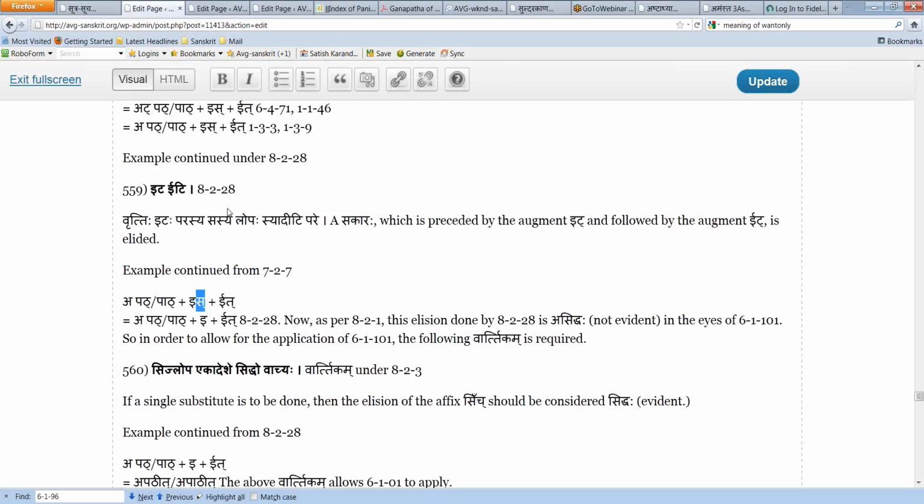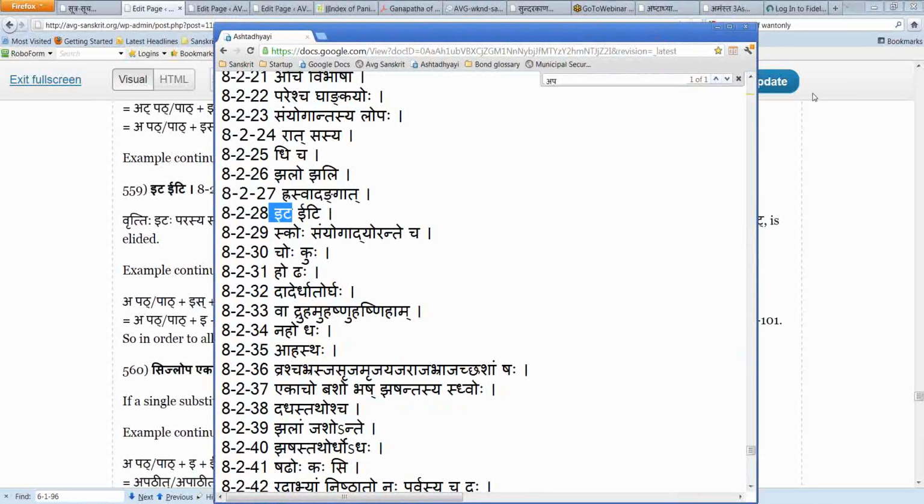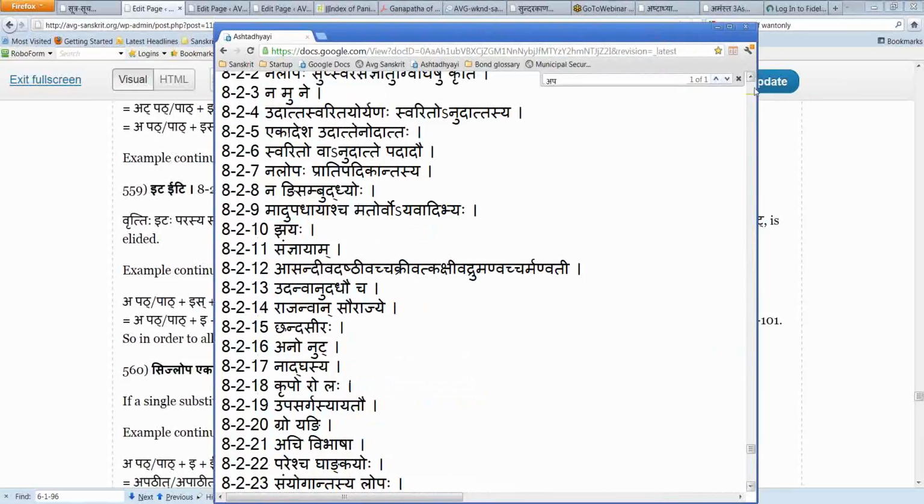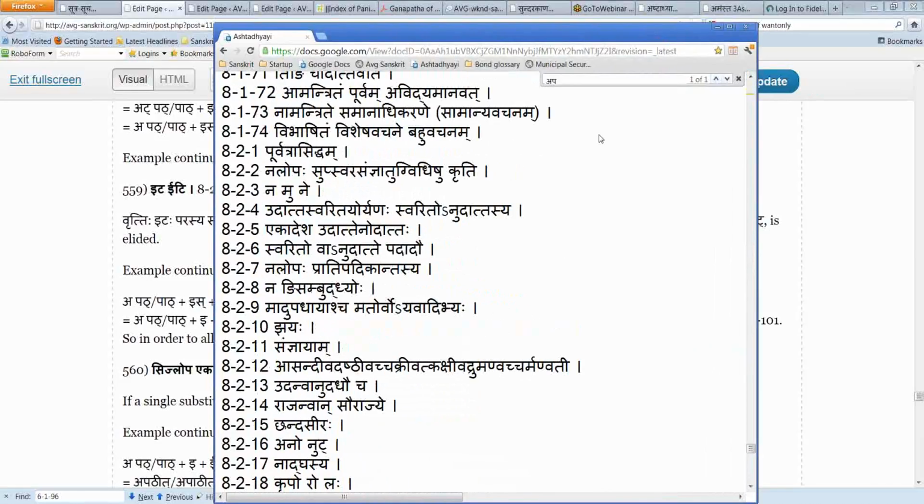Okay. So then comes the vartikam under 8.2.3, which has a number of important vartikani. So basically the authority of purvatrasiddham is modified in a number of ways by the vartikani which come under 8.2.3.